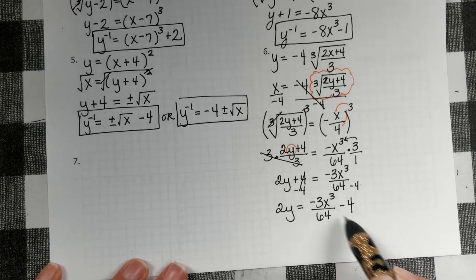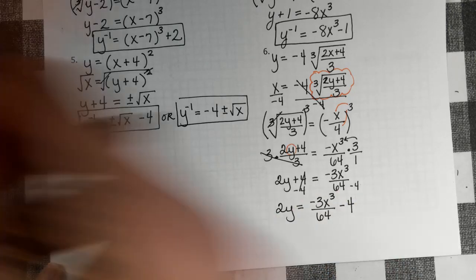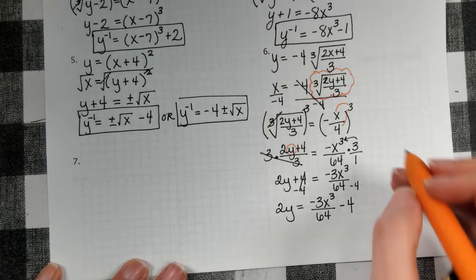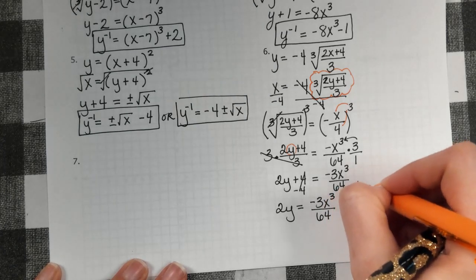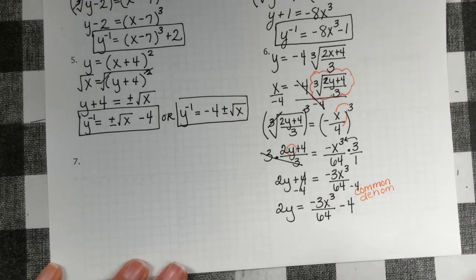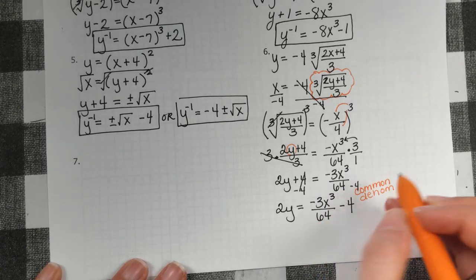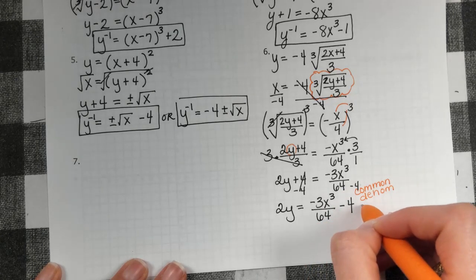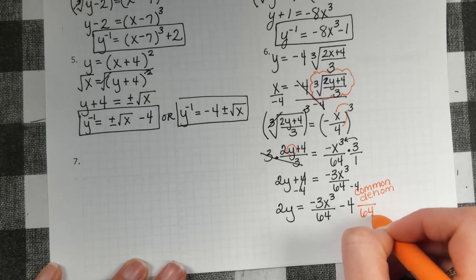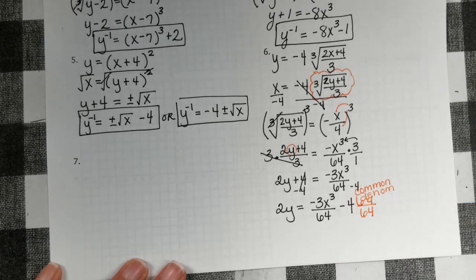Something with that 4. Okay, I've got a fraction and a constant. I need to get common denominators. So this constant, this -4, I really want to have a denominator of what? 64. So I'm going to multiply by 64 over 64.